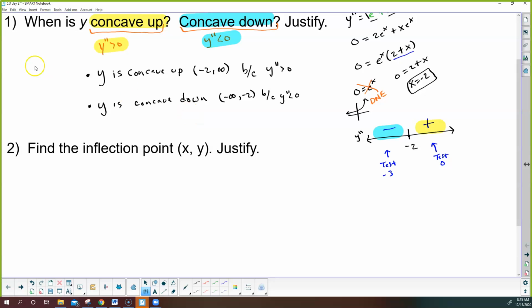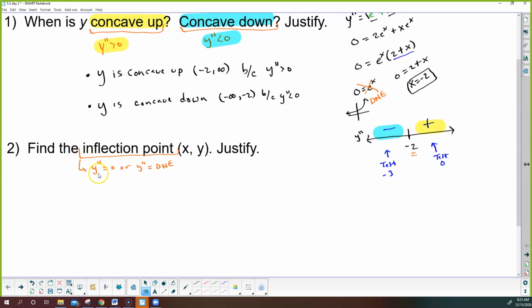All right, and then we're almost done. Remember what a point of inflection is. Okay, a point of inflection is where the second derivative is equal to 0 or the second derivative does not exist. Now, we don't have an example in this case where it does not exist, but we just showed where it's equal to 0.